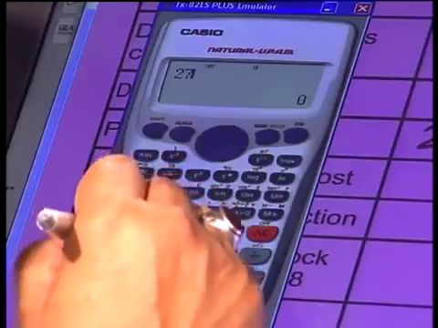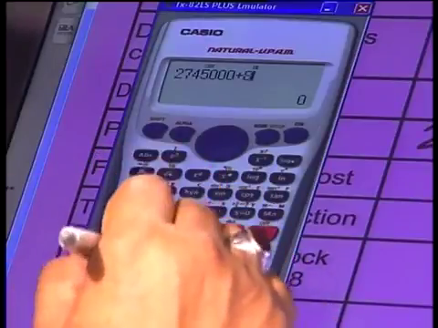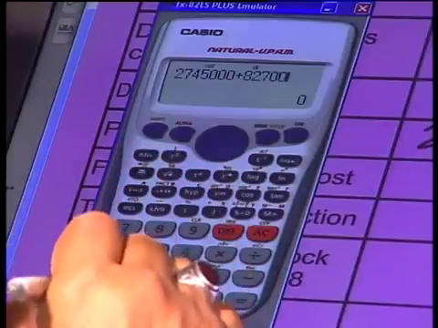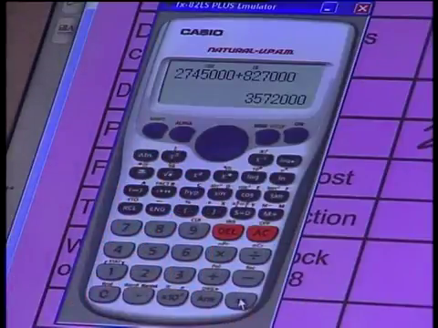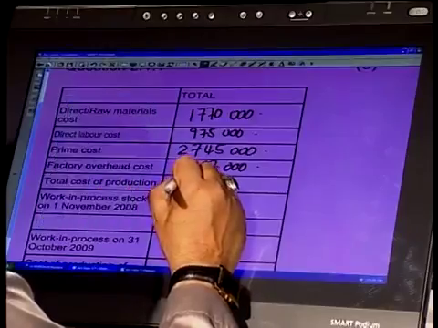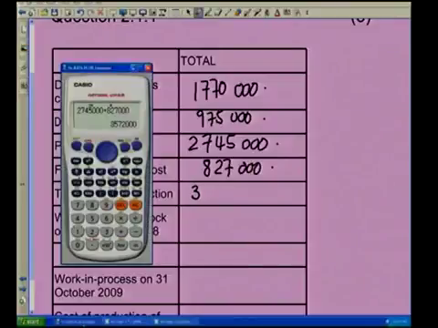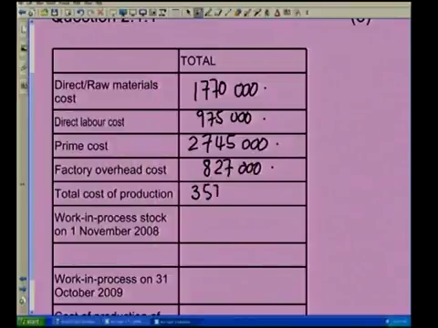What do I now do? I add. What do I add? I add my prime cost plus my factory overhead cost. Let me do that. 2,745,000 plus 827,000 to give me a figure of 3,572,000.